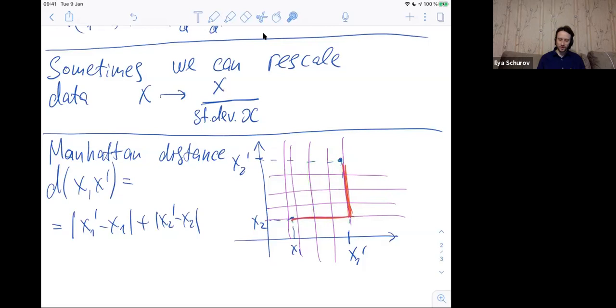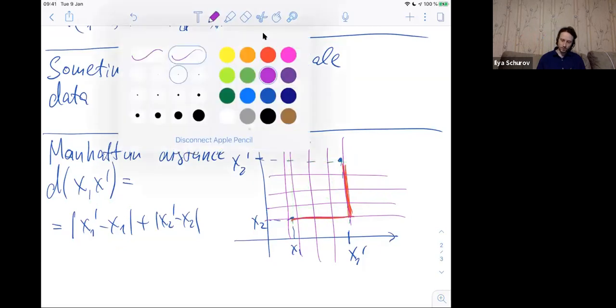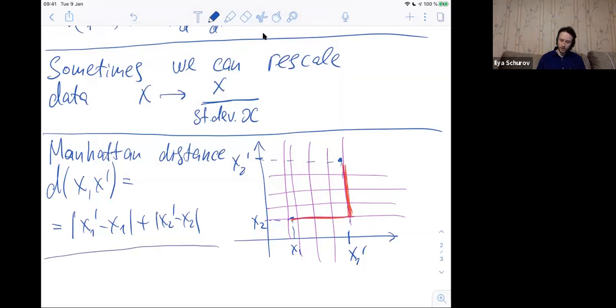So in a sense, this is a reasonable distance if we allow ourselves to move only horizontally and vertically. It doesn't matter which path we choose, the result will be the same. So this is another way to measure distances. Actually, there are a lot of other ways to do it. I just show you that distances can be defined in different ways.